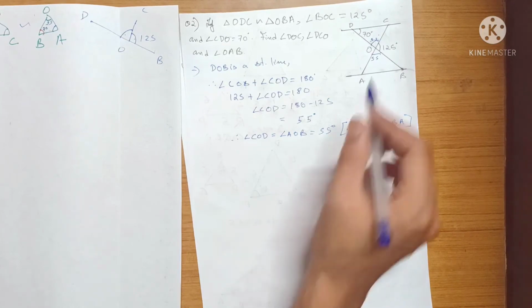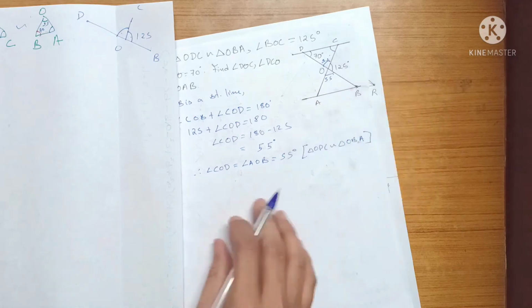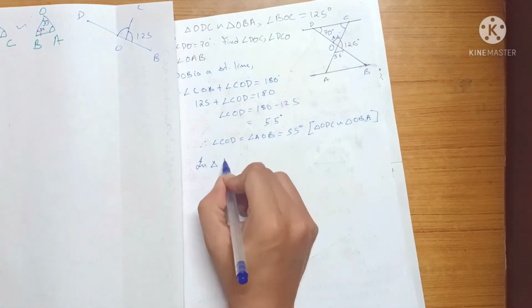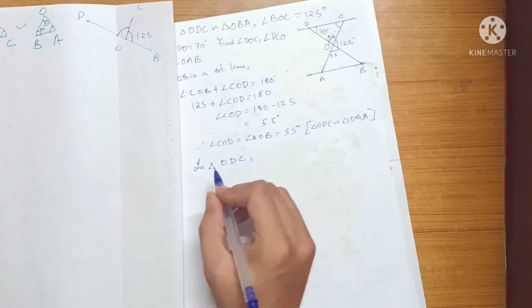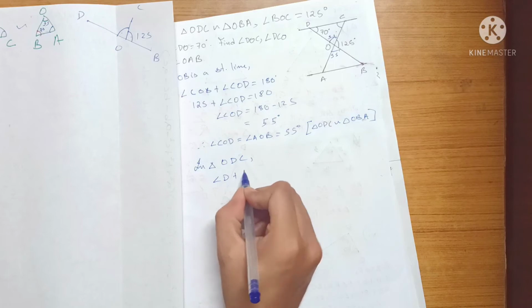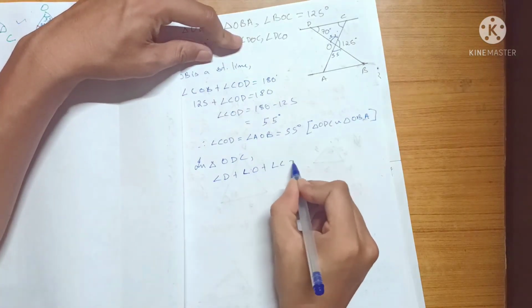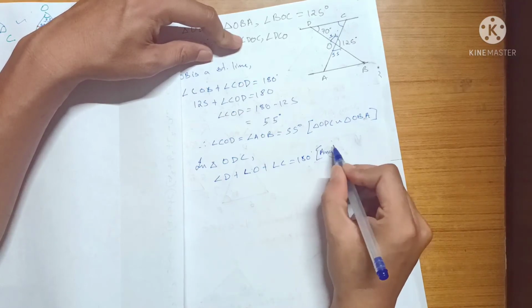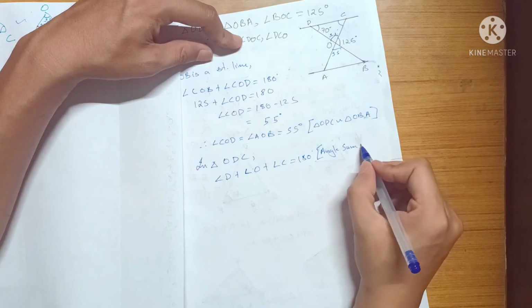Now we know this is 70, so we need an extra angle. For that we can use the angle sum property. So in triangle ODC, angle D plus angle O plus angle C equals 180 degrees, angle sum property.